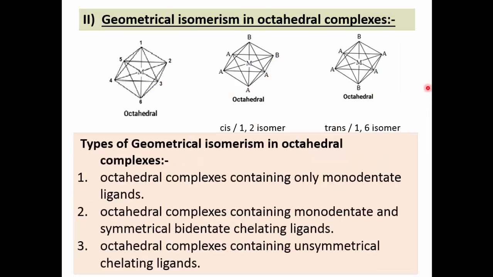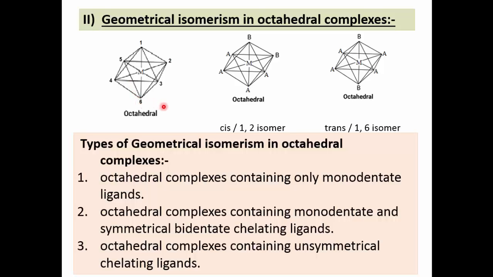Then see a very important point from this chapter, and that is geometrical isomerism in octahedral complexes. In octahedral complexes, the metal ion shows 6 coordination number, 6 ligands are attached to metal ion. So see, this metal ion is coordinated to first, second, third, fourth, fifth and sixth ligand.